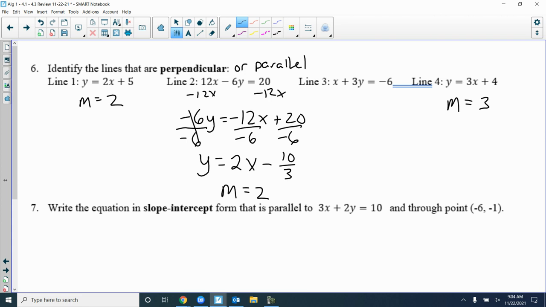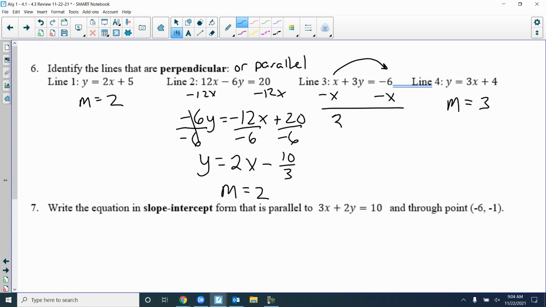How am I going to get the slope of line 3? Who can help me get started on this one? Jenna, can you help me get started? How do I get the slope? I need to solve for y. What's my first step? Well, I have to take this x over first. How do you take an x over? Minus x on both sides.